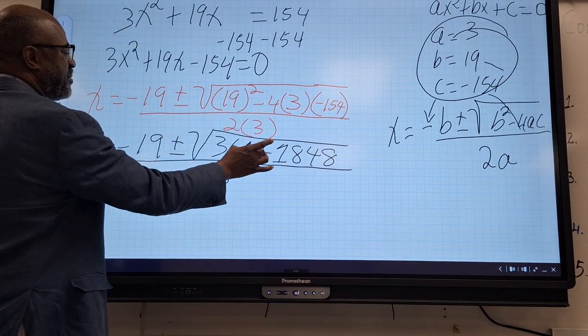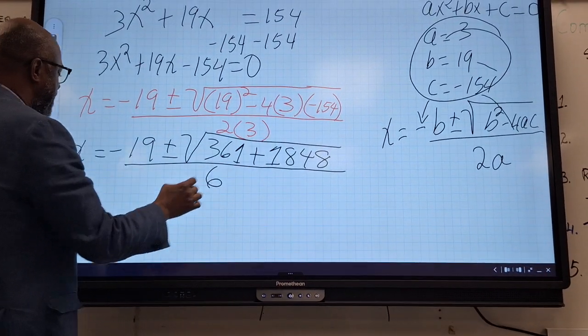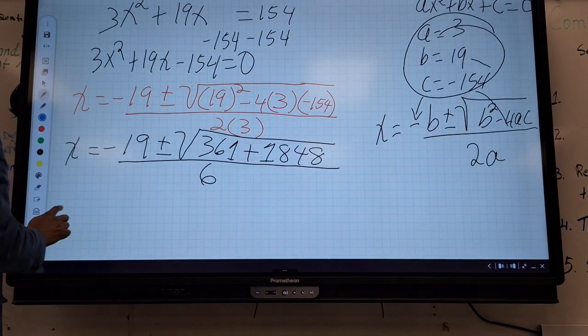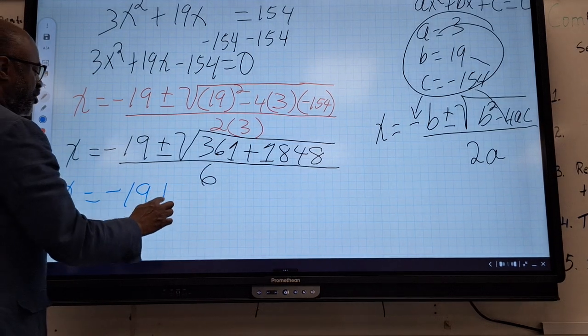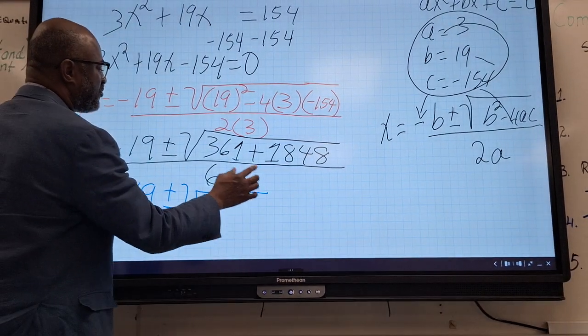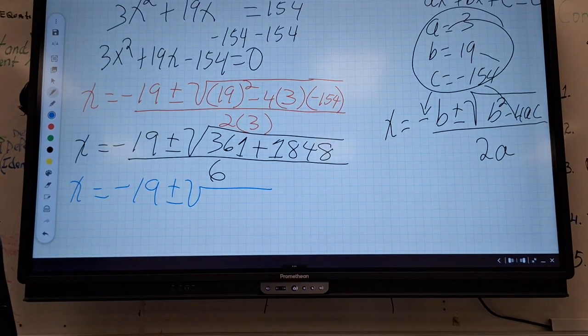Next step, we sum up what's inside the radicand. That's called the radicand. X equal, bring 19 down, plus or minus root of 361 plus 1,848.